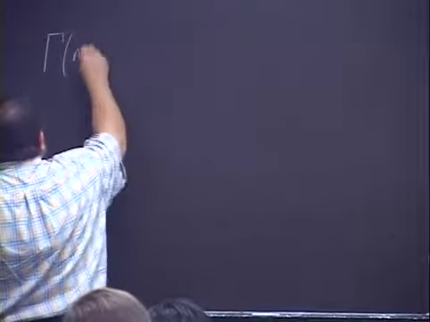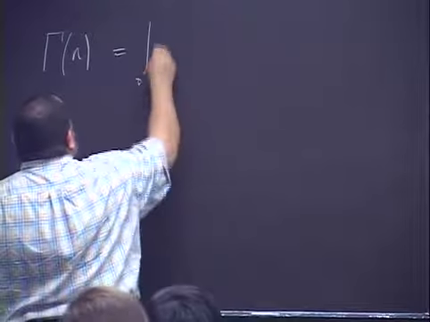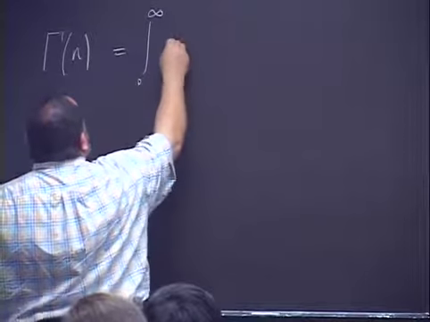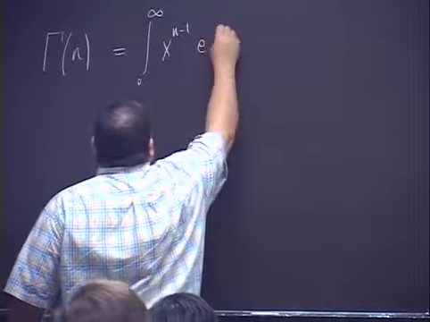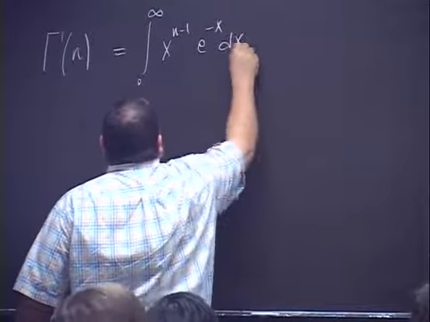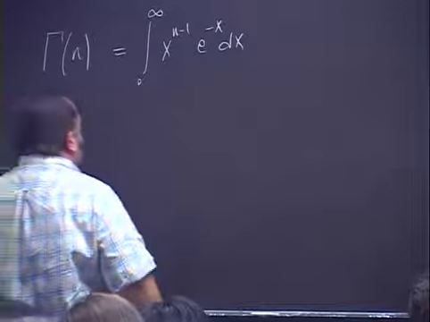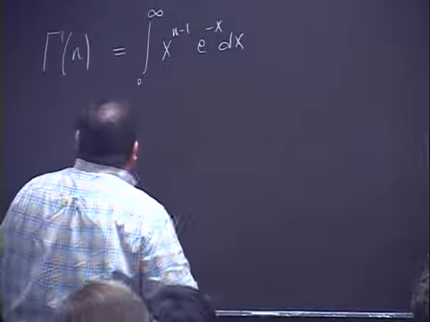This function is usually called the gamma function, and if I remember correctly, gamma of n is defined as the integral from 0 to infinity of x to the power of n minus 1 times e to the power of minus x dx.